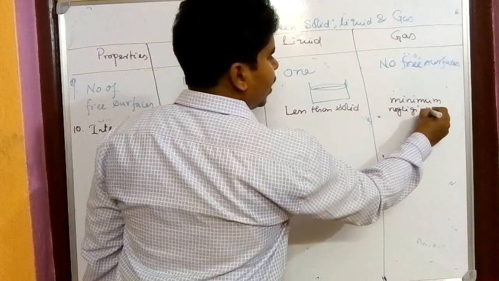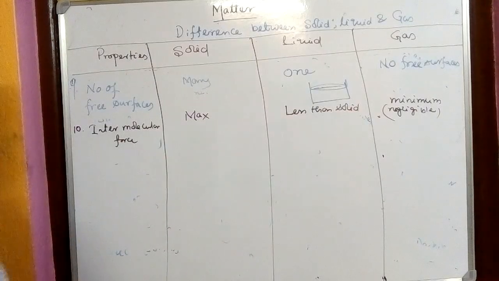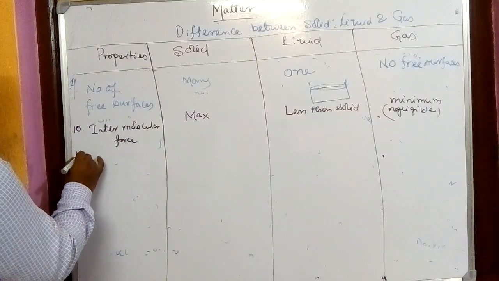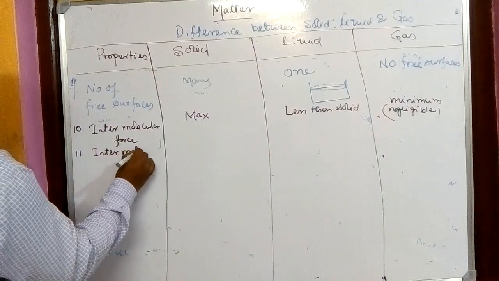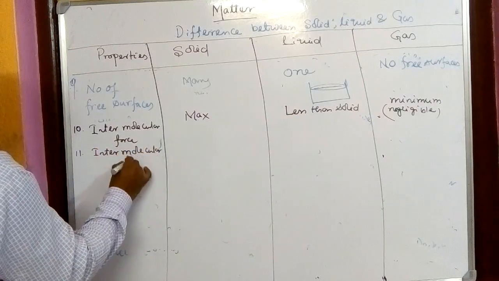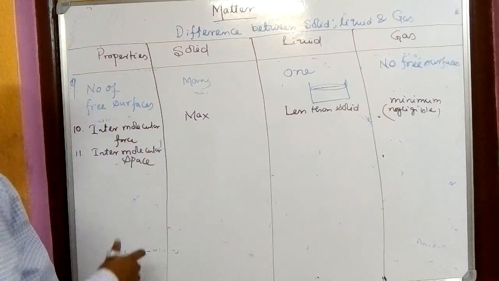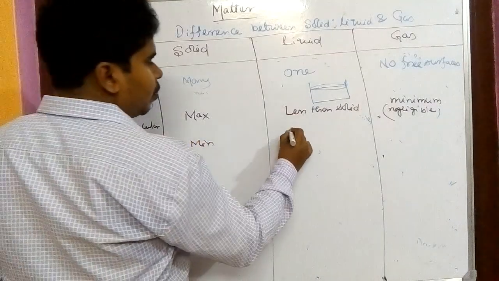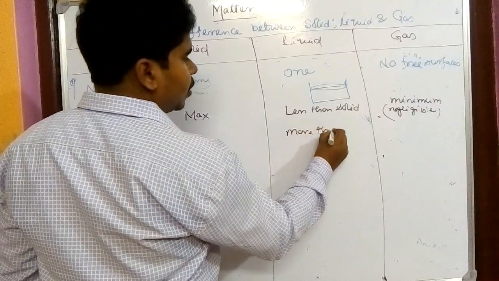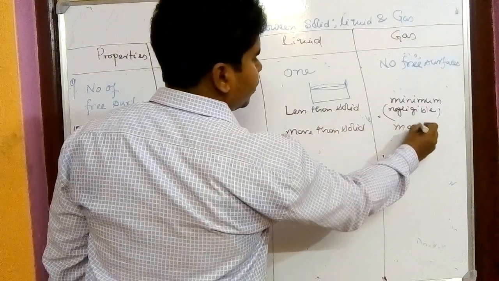Now the next part, that is intermolecular space. For solid it is minimum, for liquid it is more than solid, and for gas it is maximum.